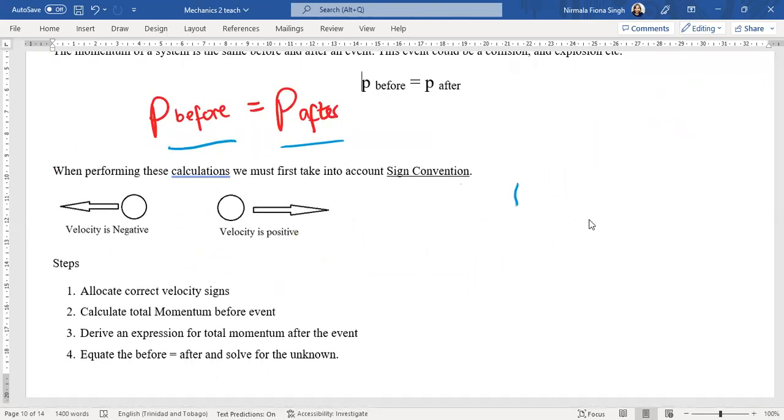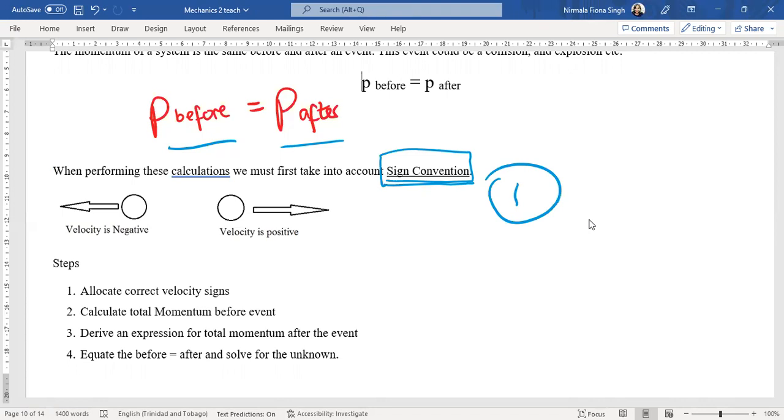First thing first, number one, the most important part, we must take into consideration our sign, or something we call a sign convention. The sign convention is simply an accepted rule across the world that everyone doing these calculations obeys.